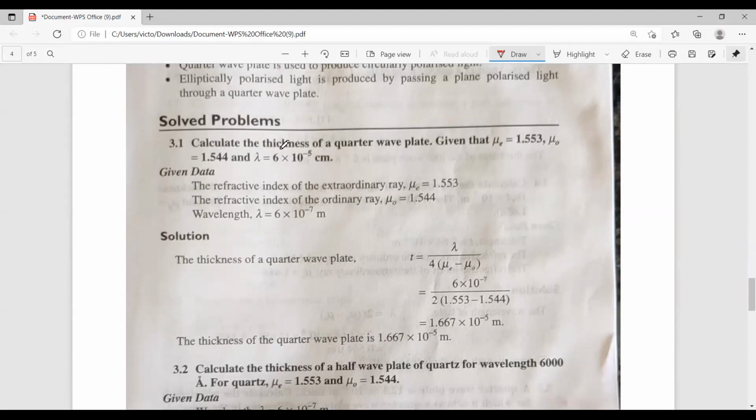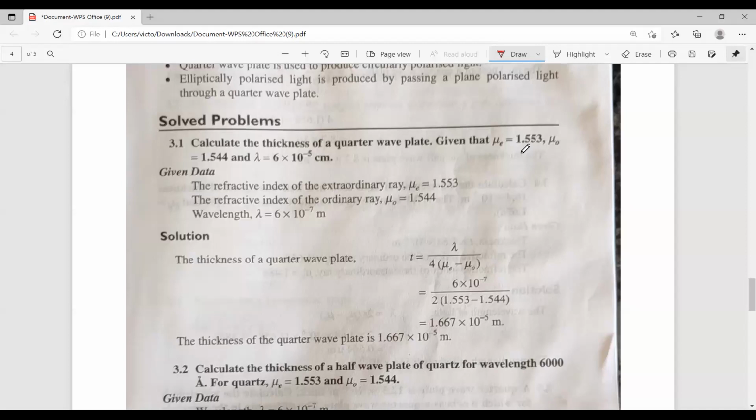Calculate the thickness of a quarter wave plate. Mu E is equal to 1.553, mu naught equal to 1.544, and lambda is equal to 6 into 10 power minus 5 centimeters.